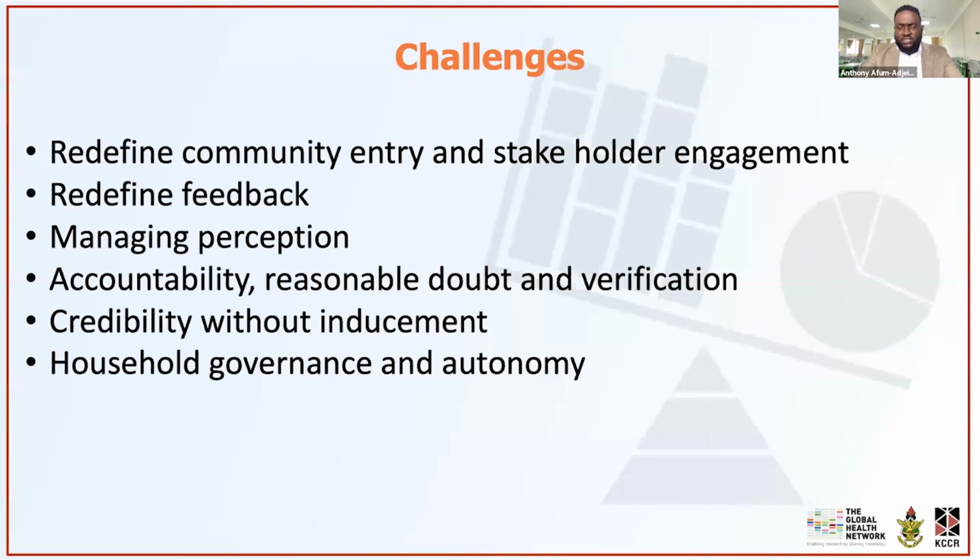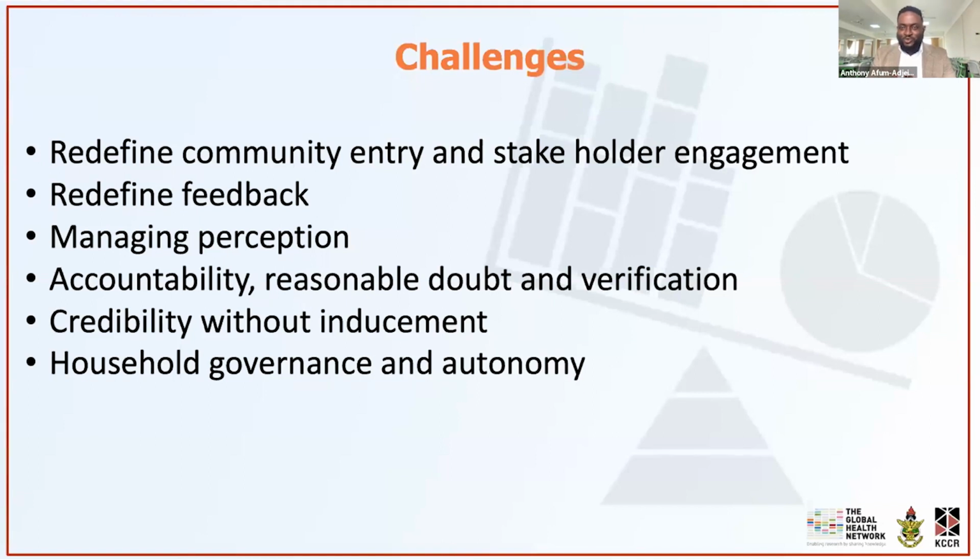Some of the challenges that we identified even before we went to the field was that you have to redefine community entry and stakeholder engagement. It is easier to take samples from participants who are sick, who are in the hospital. If you're doing clinical research, it is easier in our experience to tell the patients that we think you have this condition, we are doing research on this situation, we'd be happy to take some samples from you and to do A, B, and C. But walking to a community, walking to people's homes, talking to them and asking them for blood really seems suspicious where I come from.